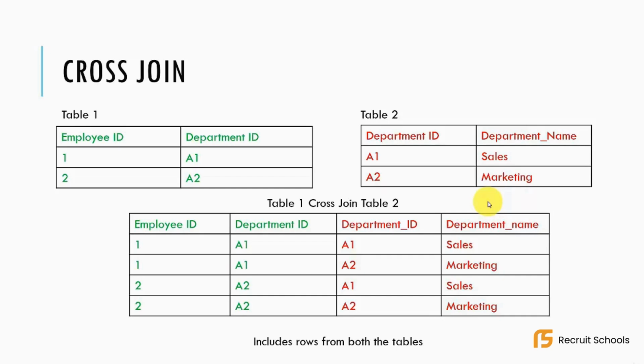One is left outer join, where we say take everything from left hand side table and whatever does not match with the right hand side, put nulls. Similarly, right outer join is the exact opposite. Then we looked at full outer joins, and then we looked at cross joins. So don't worry, let's look at a few examples now.